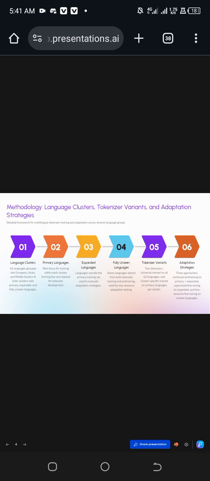Then they further validated on underrepresented languages and fully unseen languages, and they had tokenizer variants, cluster-specific and the universal, like I just said, and 62 different languages from European, East Asian and Middle Eastern.